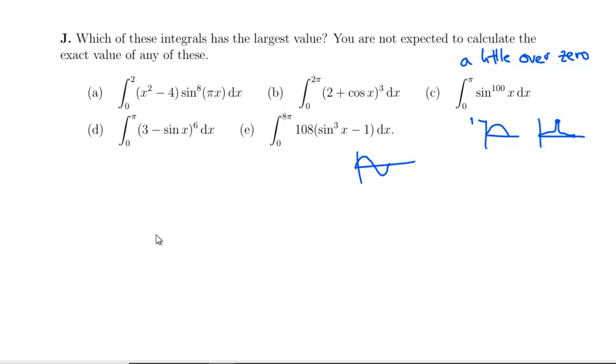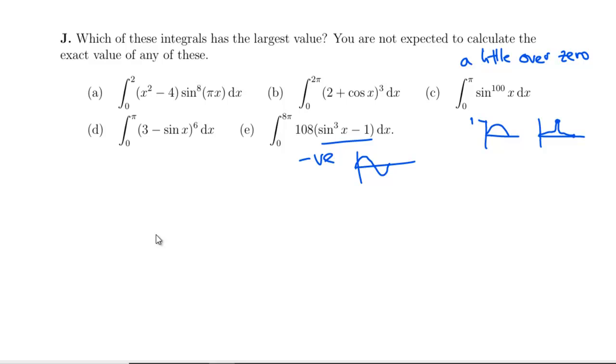It repeats, so we're going to get the same old thing. But we cube it, which is going to make it more extreme, and then we drop it down by 1. So that's all going to be below the axis, so that's negative or equal to 0. So we're going to end up with that being negative overall.